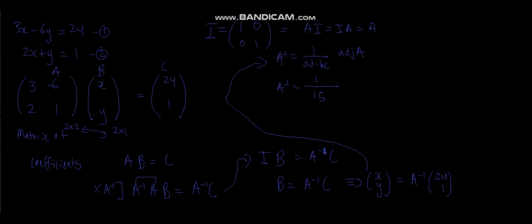And the adjoint, swap 3 and 1, you would get 1 and 3, and here would be 6 and negative 2. So this is the inverse of A here.